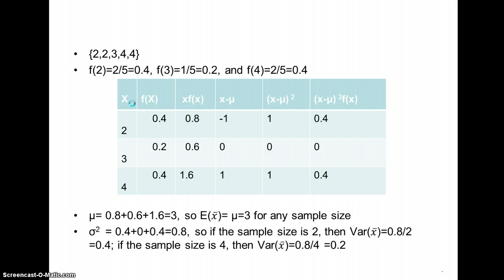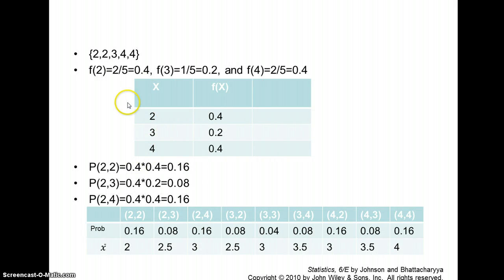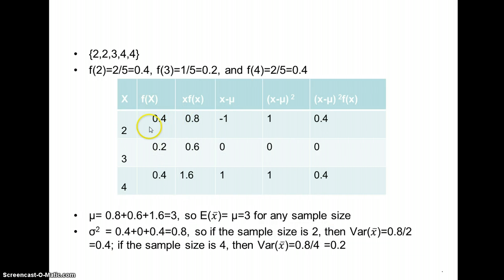So why don't I just use this table and calculate the population mean? The calculation formula is the same. You multiply this value and that value and then add them up. So I multiply 2 and 0.4, get 0.8, 3 and 0.2, 0.6, and 4 and 0.4, I get 1.6, and I add all these values.